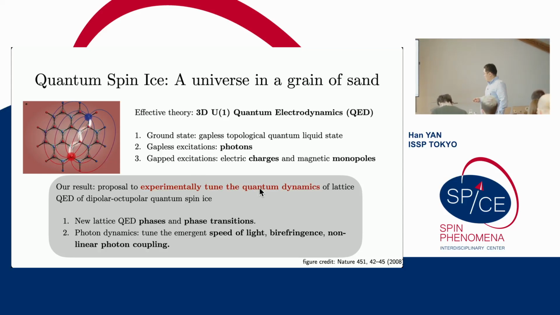By simple, I mean you just need to turn on an external field in the correct direction with the correct amplitude. This will generate new lattice QED phases and phase transitions. You also have very accurate control of the photon dynamics: you can tune the emergent speed of light, you can have birefringence and nonlinear photon couplings, and so on.